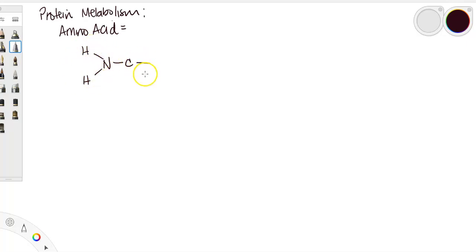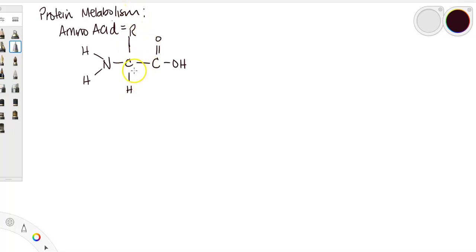And then on the other side, it's connected to another group, which is an acid. And then there's something attached to it we call the R group, which makes it whatever amino acid that it is. So this is some kind of carbon chain that makes it tyrosine or glutamate or whatever it is.